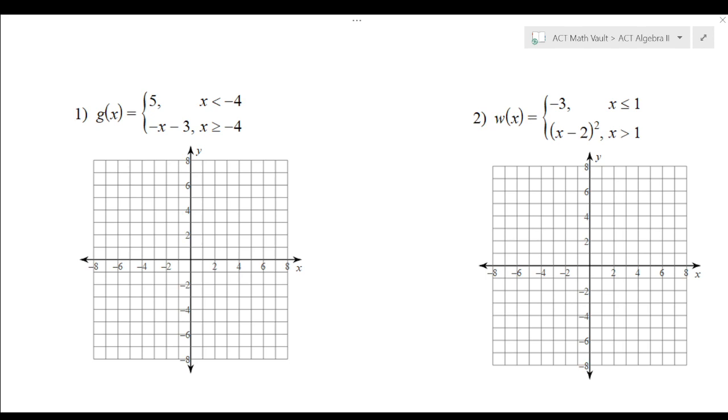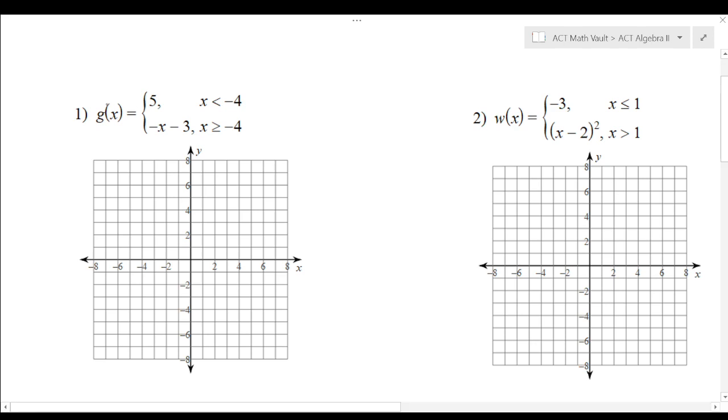It's saying that the function is 5 if the x is less than negative 4. So it's like one function when the input is less than negative 4, and then if it's greater than or equal to negative 4, then you would use a totally different one.